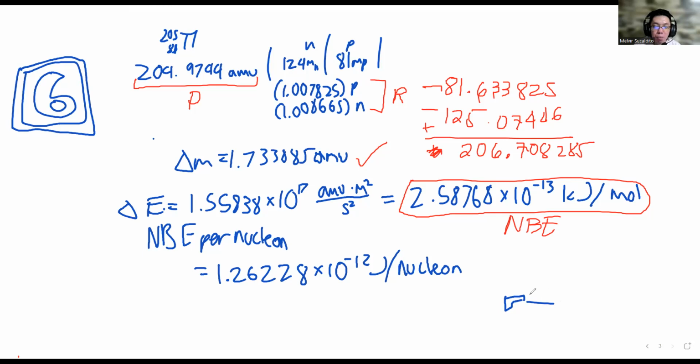But Joshua, naka-negative yan kasi it indicates na deficient siya ng mass. Dapat yung NBE mo naka-negative, just to indicate na deficient yung mass mo na nabuo. kJ per mole yan. Okay, same value naman tayo na nakuha.